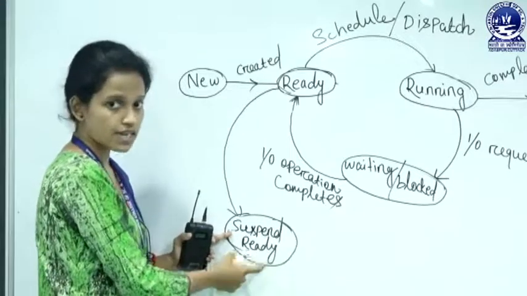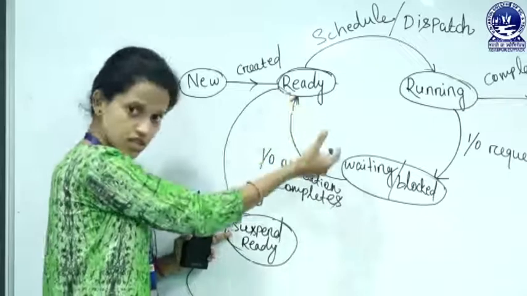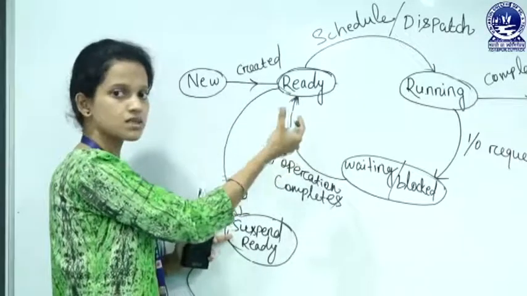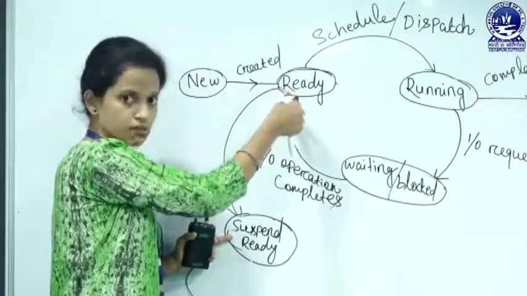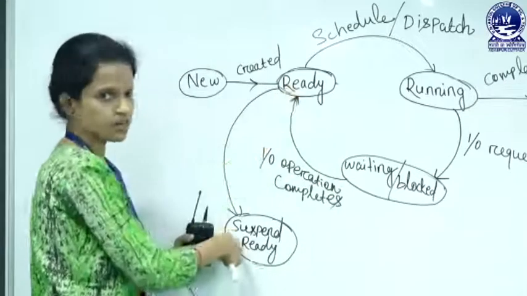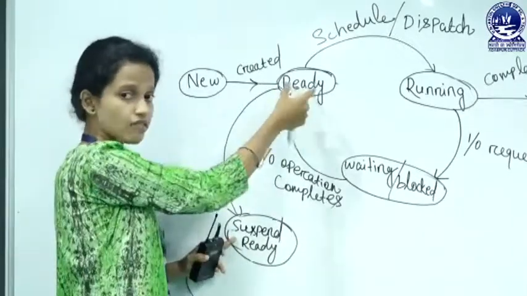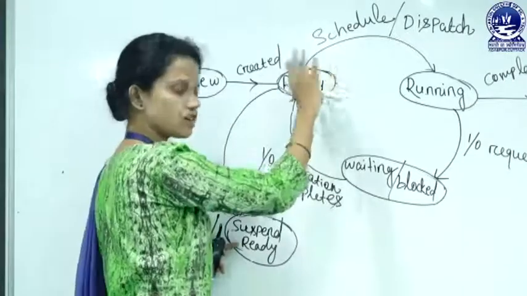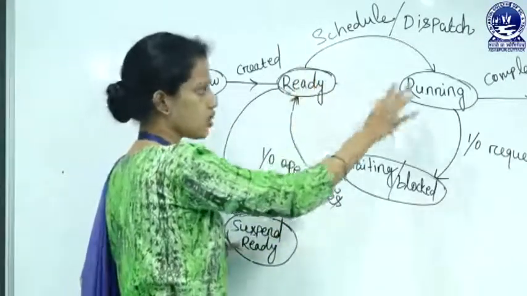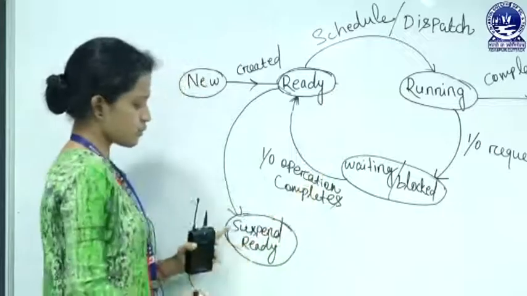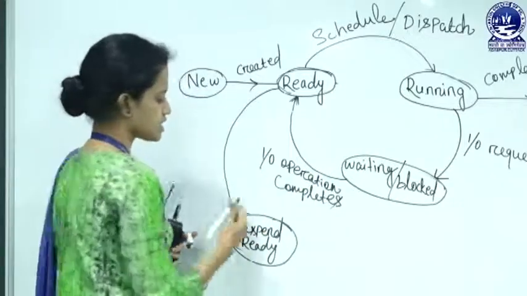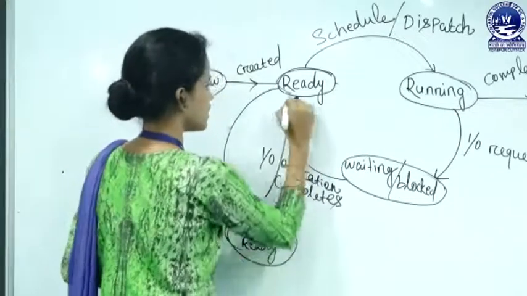When the size of the main memory is exhausted, the operating system moves the lower priority process to the secondary memory for some time. Once the process having higher priority has finished its execution, the lower priority process resumes to the ready state.